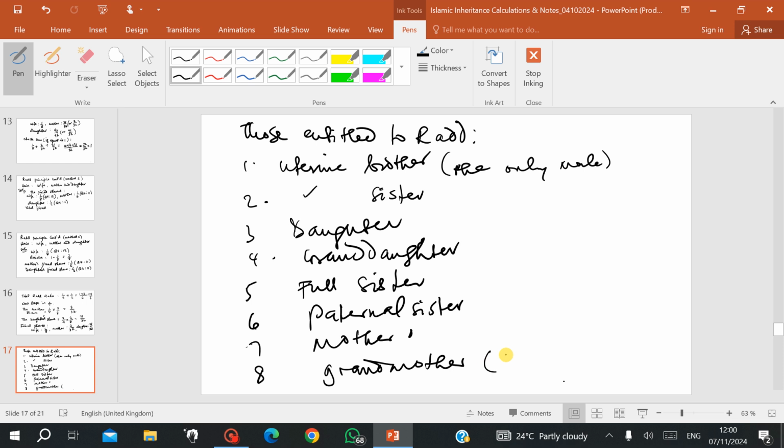That is true grandmother. These are the 8 people who are entitled to radd. As we'll be seeing in later calculations, they are mainly women except one that is a male who is connected to the deceased through the mother's side.